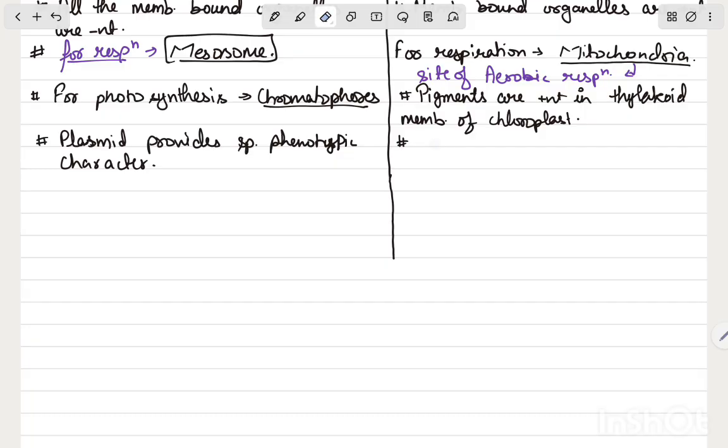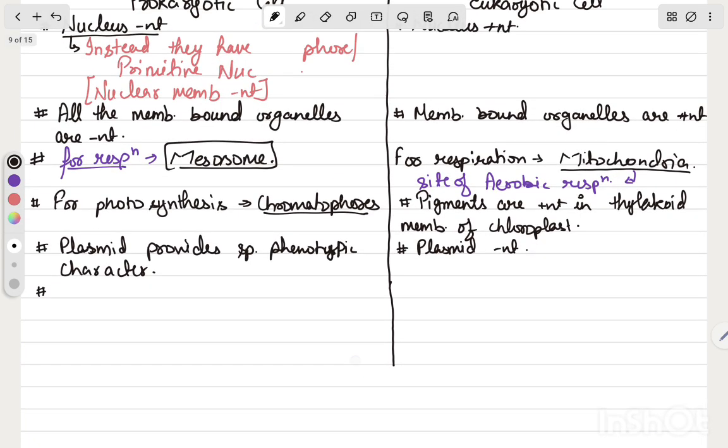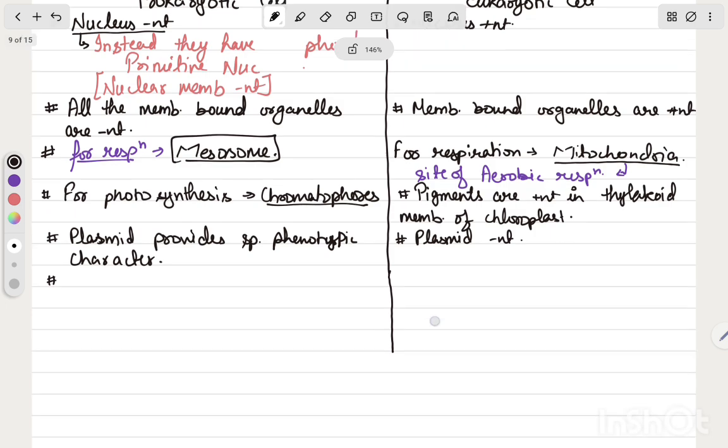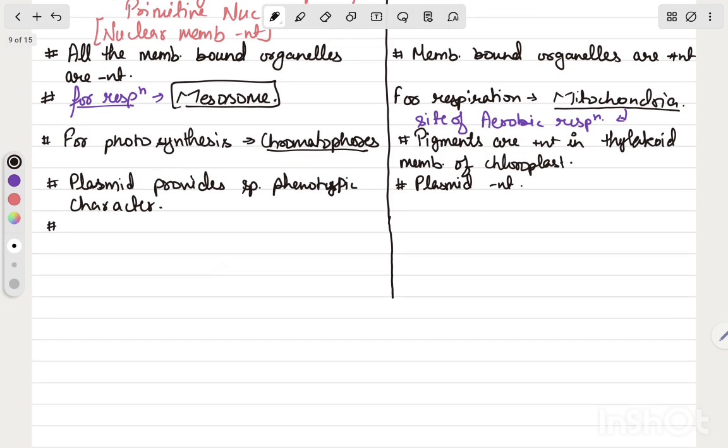Right? Next difference between prokaryotic cell and eukaryotic cell. There is one special structure, polyribosome, present in prokaryotic cell. This polyribosome is absent in eukaryotic cell.